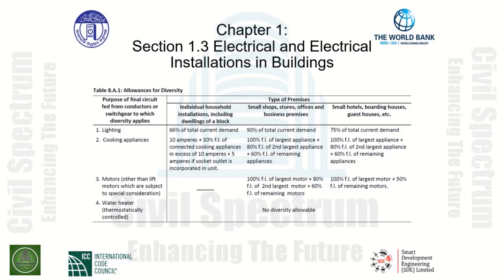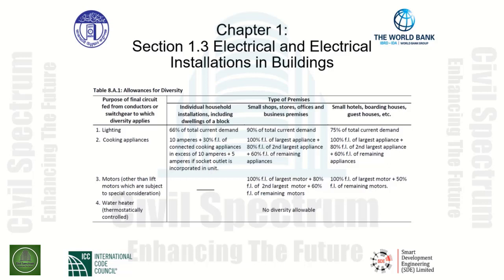Four distinct items are given to us here: lighting, cooking appliances, motors, other than lift motors, which are subject to special consideration, and water heater, thermostatically controlled. The first column provides typical household installations, including dwellings of a block. These are the types of premises that were given in this case.